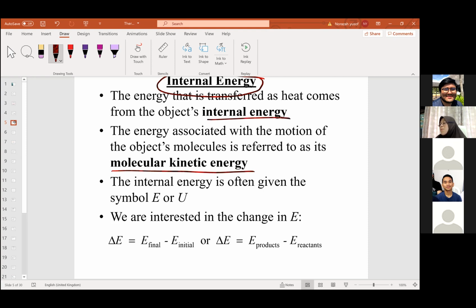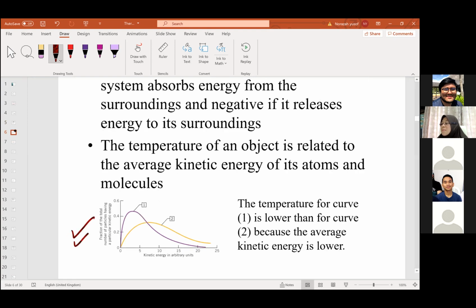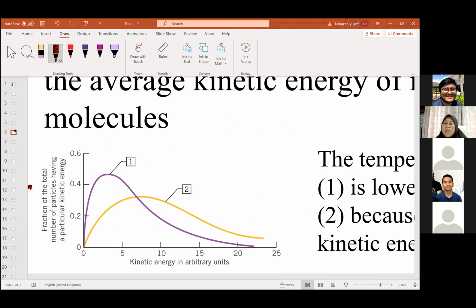Molecular kinetic energy. So this is again talking about the conversion of the kinetic energy to heat, okay? And I'm sure that you are familiar with this, the Maxwell-Boltzmann distribution.